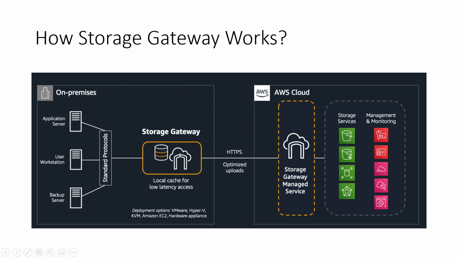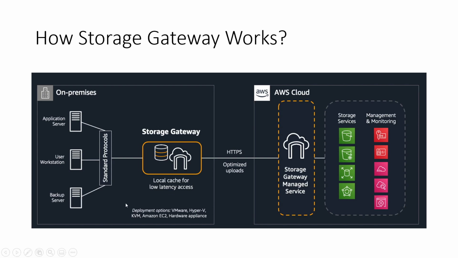So this is how the storage gateway works. This is my on-premises environment, okay, where I have application server, user workstation, and backup server. So these are the standard protocols, all right, and I have a storage gateway appliance over here, which is a local cache for low latency access. Okay, so these are some of the deployment options. I'll just walk you through these options in the demo, like VMware, Hyper-V, KVM, Amazon EC2, hardware appliance.